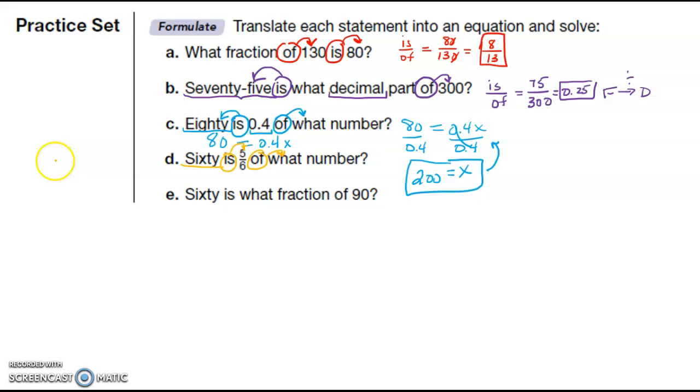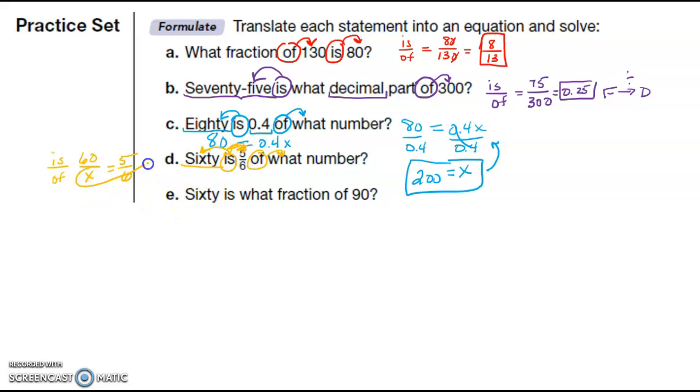This is going to be an is over of. Mrs. Ross, how do we know? I guess you just get used to it. So 60 goes in the is. This is going to be x, and then the 5/6 is going to go here, and it becomes a proportion. So if you have a fraction here, it becomes a proportion, and you solve for the x. The of goes on the bottom, the is goes on the top.